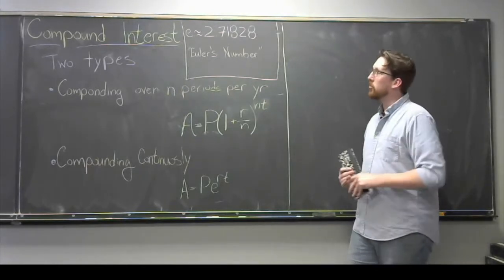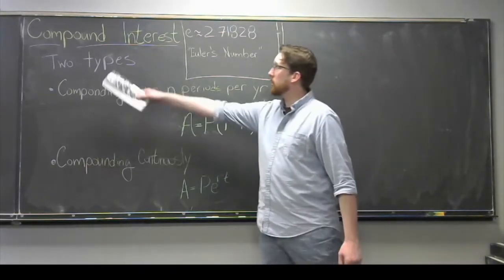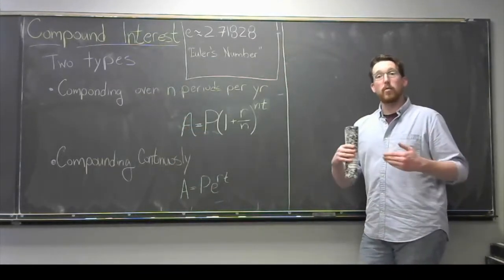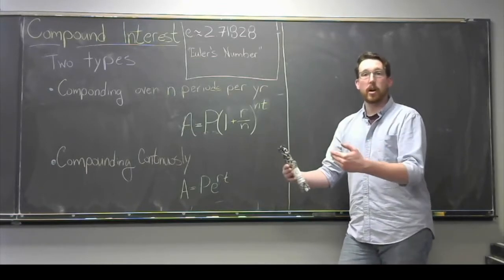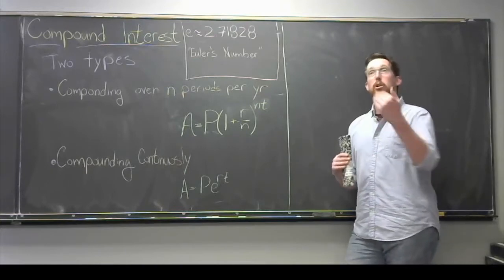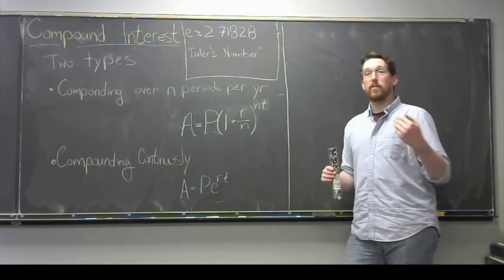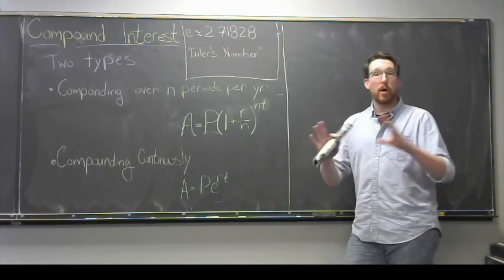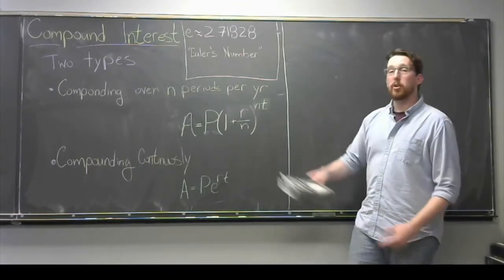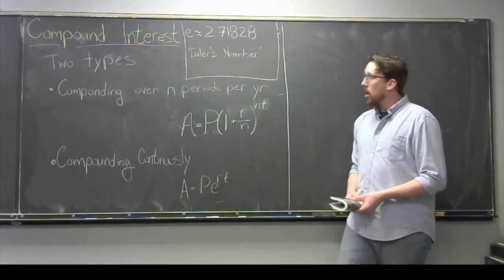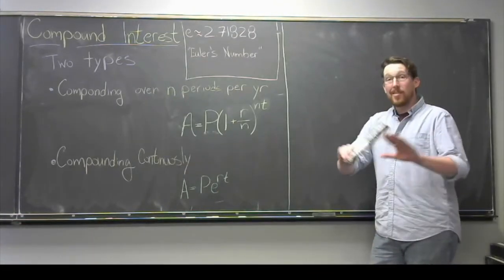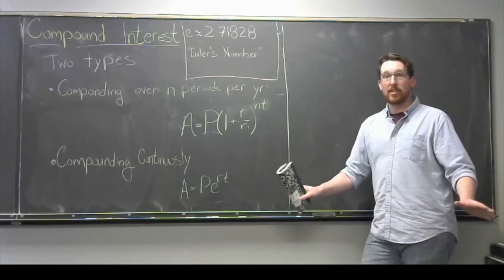Having said that, there are two different types of compounding interest. There's the kind that happens over a period within a year. So you might have interest that incurs once every 6 months, once every 4 months, once every 3 months, 2 months, however. And in that case, it would be compounding over n periods per year. On the other hand, we could have compounding continuously. And it literally means exactly what it sounds like, continuously.